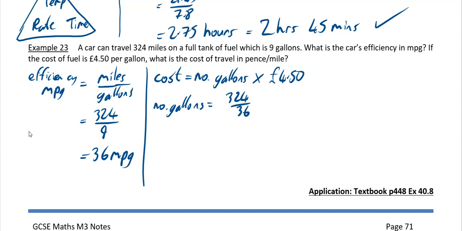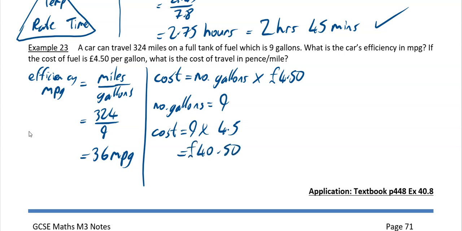We were even told in the question, forget about that, we were told the number of gallons in the question. Number of gallons was equal to 9. So it means our cost is just equal to 9 times 4.5, which is £40.50. And then we'll just convert that into pence, which is 4,050 pence.